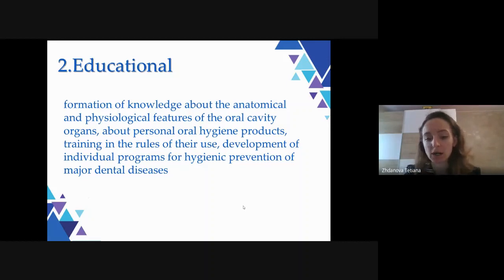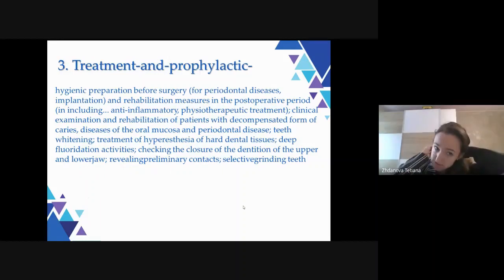Then development of individual programs for hygienic prevention of major dental diseases, and the third type, treatment and preventive. Of course, here we need to think about periodontal diseases, implantation, and different rehabilitation measures in the post-operative period. So here we can include anti-inflammatory therapy, physiotherapeutic treatment, and clinical examination.